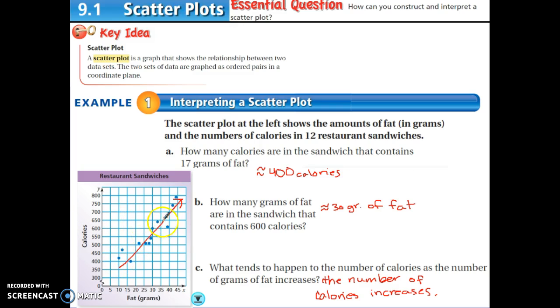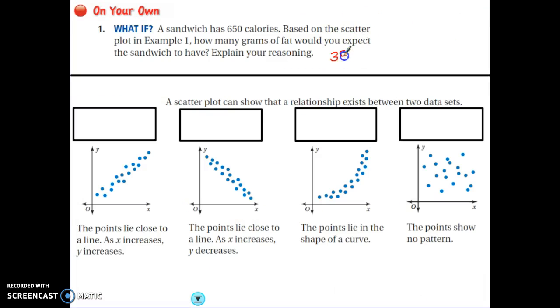If I'm following the upward trend, I would expect it to have right about 36 grams of fat. There should be a dot maybe right about here or so, but I would say between 35 and 40 grams of fat. So 35 to 40, and that is close enough. We don't know exactly, we're just estimating. So 35 to 40 grams of fat.